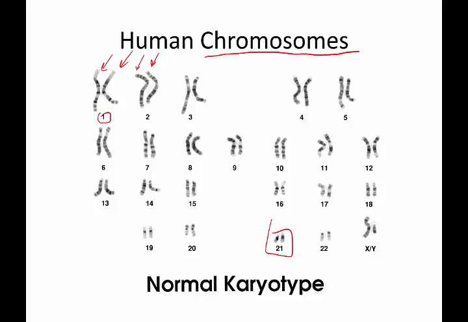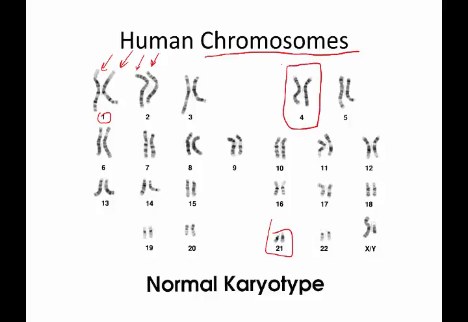So notice that all of these chromosomes are paired together with another chromosome. So you can see we have 2 number 1s, 2 number 2s, 2 number 3s, 2 number 4s, and 2 number 5s. So the reason why we pair chromosomes is because one comes from your dad and one comes from your mother.